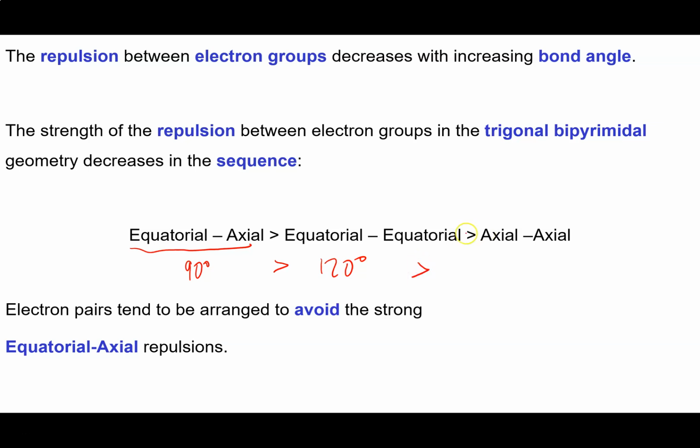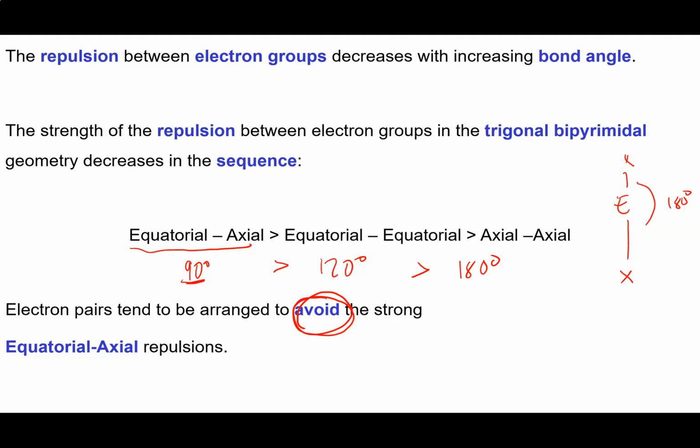And the weakest repulsion is between those two that are above and below the equatorial plane, the axial groups, because the bond angle between those is 180 degrees. So electron pairs tend to be arranged in order to reduce the number of equatorial-axial repulsions.